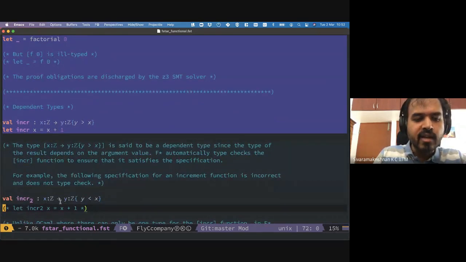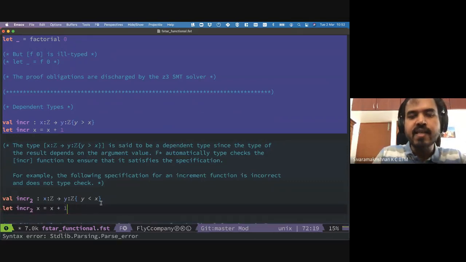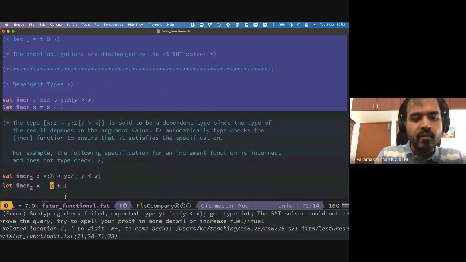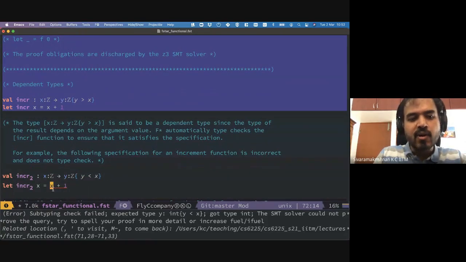So I give a type for an increment function, which I call increment 2, where the output is less than x. This is not true, right? So if I compile it, the subtyping check will fail. It is expecting a type where y is less than x, but you are actually adding 1 to x. Then the constraint is not satisfied, so this won't go through.